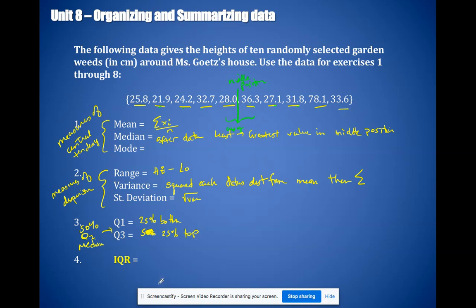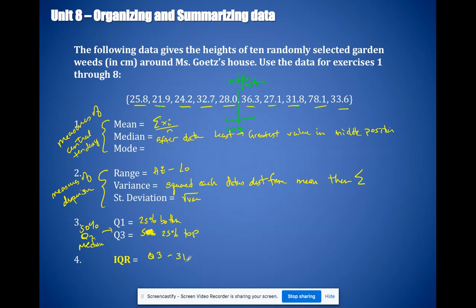I highlighted interquartile range. I expect that you've seen quartiles before, but I don't know if you know what interquartile range is. So instead of the range, which might include outliers, your interquartile range tells you the distance spanned by most of your data.